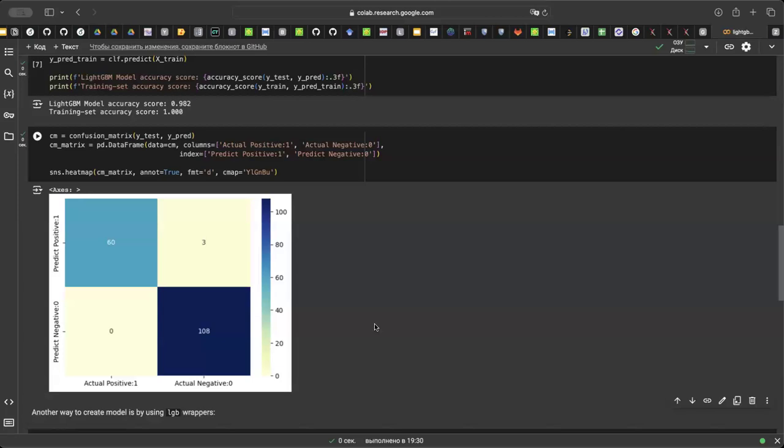Did I get it wrong? Actual negative, these are false positive. Yeah, 60 divided by 63. Yes. And recall: I think just one. True positive divided by true positive plus false negative. Yes, it's one.